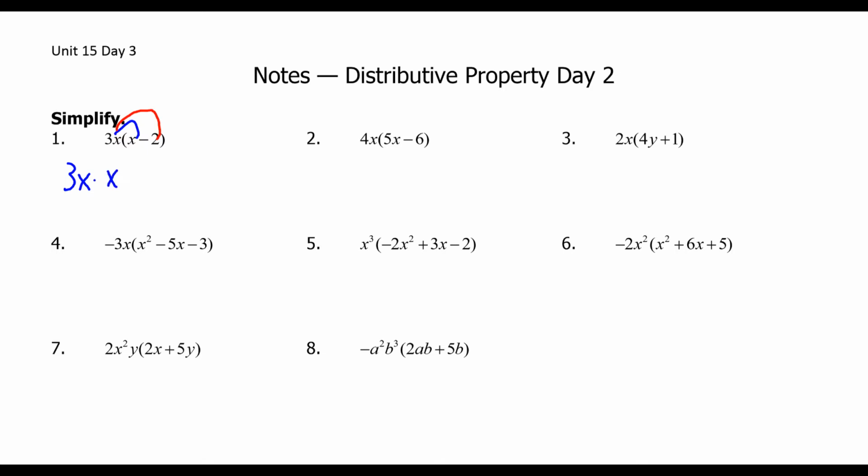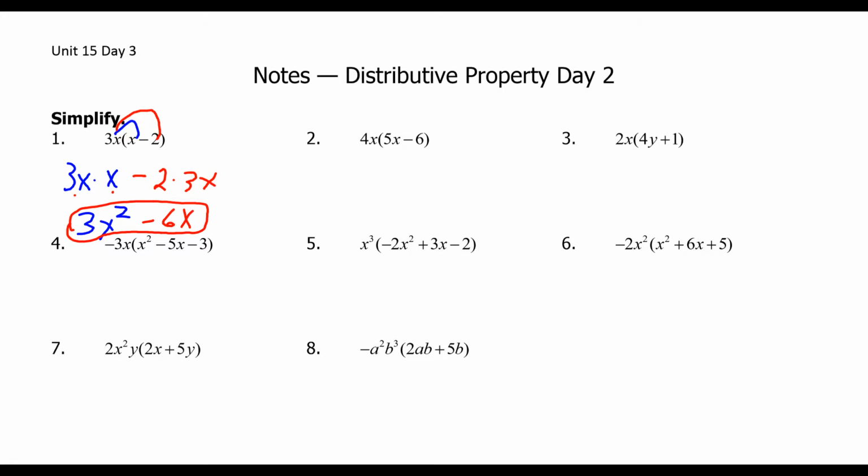So 3x times x is going to be 3x squared. And then that's going to be 2 times 3, which is minus 6x. And there we go. That's how this is working, okay?